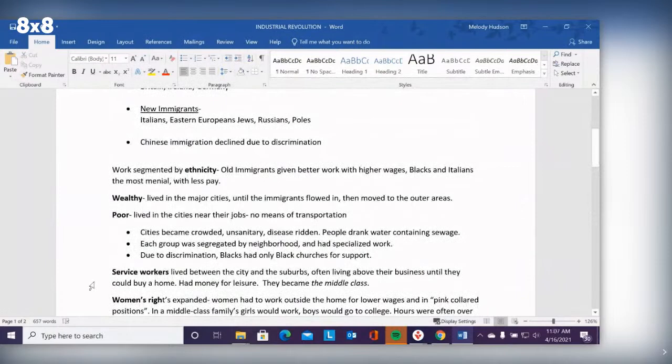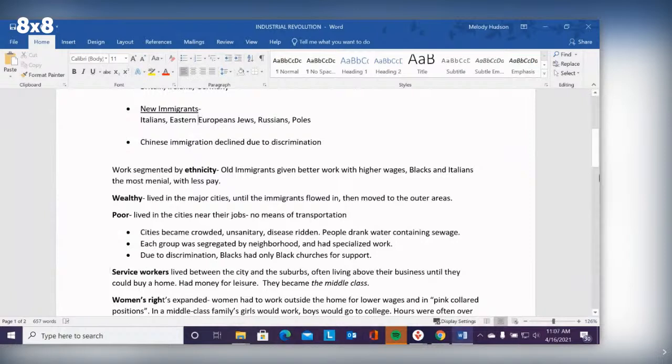And then you had service workers who lived between the city and the suburbs, often living above their business until they could buy a home. And they had money for leisure, money to play with, money to take a vacation with. They became the middle class.